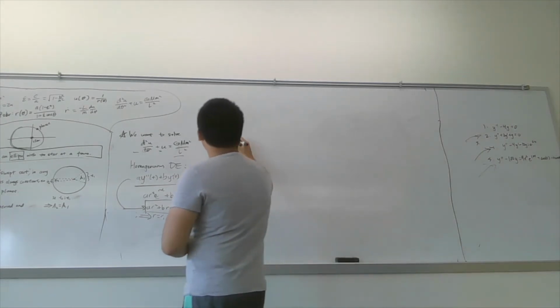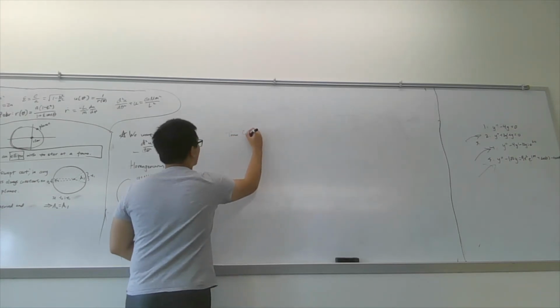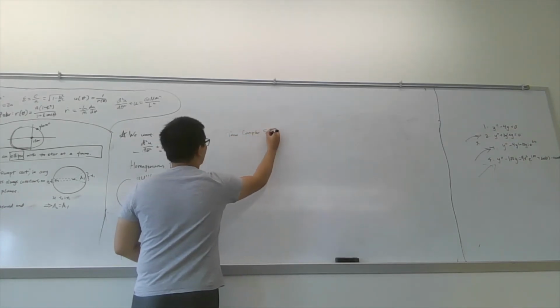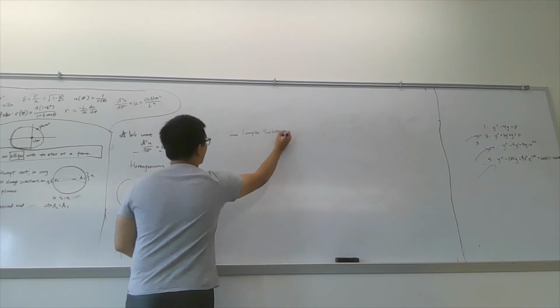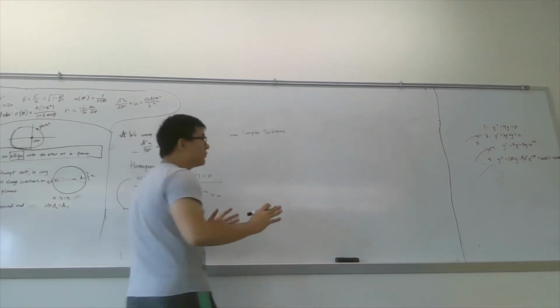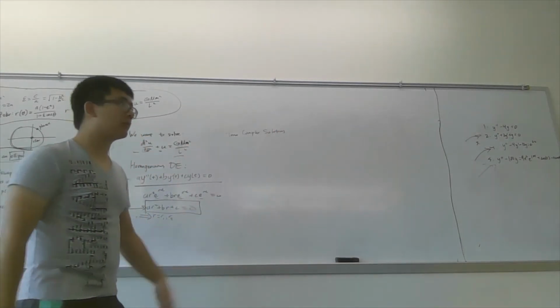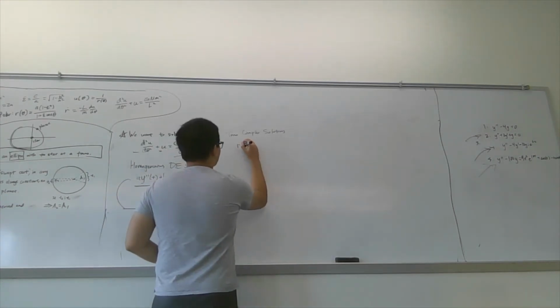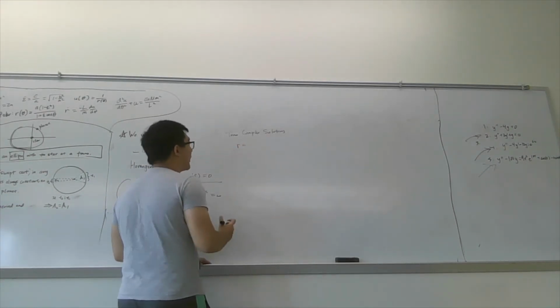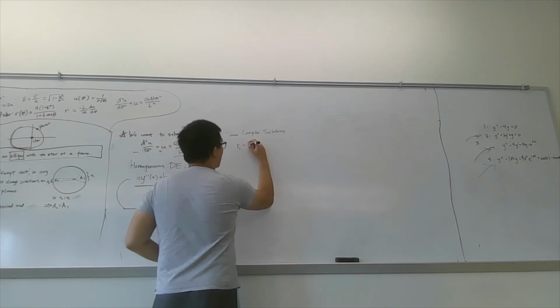Next, let's consider when we have two complex solutions. Due to the nature of the quadratic formula, when that happens we can write our two solutions in this form.